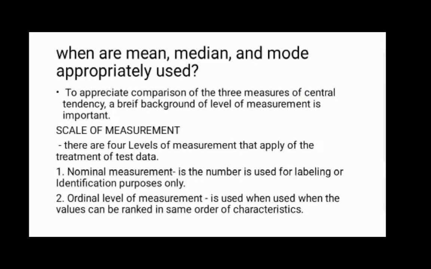Nominal level of measurement is when numbers are used for labeling or identification purposes only. Second is ordinal level of measurement, like an academic award made on the basis of an order of performance, like first honor, second honor, third honor, and so on.